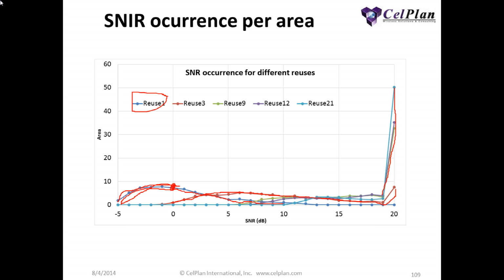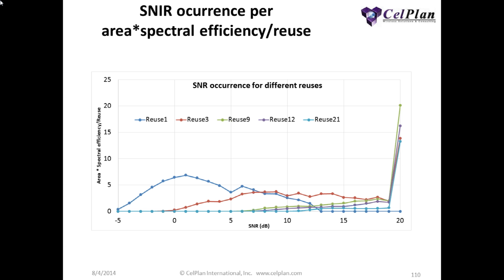But what happens in reality is that we also divide the capacity of the system by 21. So we did then another analysis, now multiplying by the modulation scheme that can be used with the different SNRs, and this is reuse of 1, which basically confirmed what we had before.